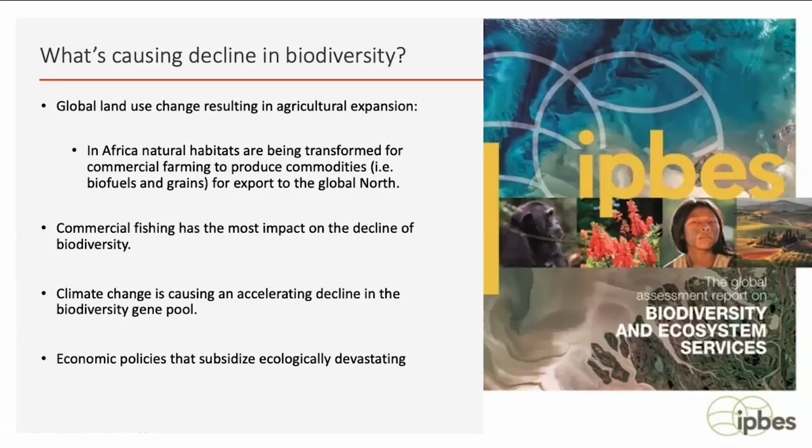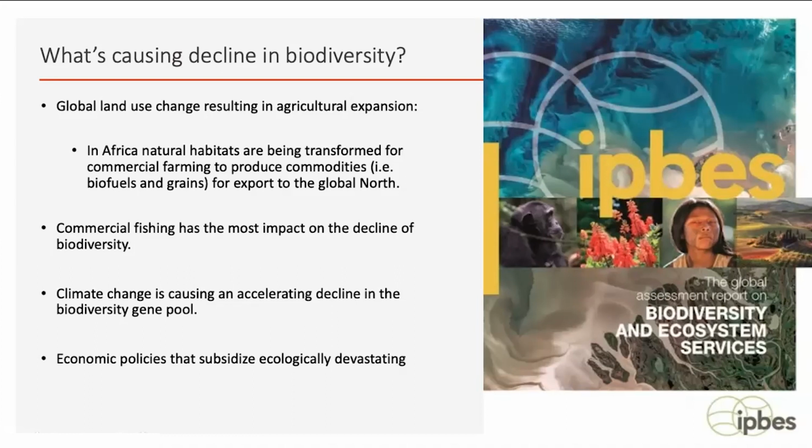But a look at the latest report of the Intergovernmental Panel on Biodiversity and Ecosystem Services, published in 2021, shows that global land use change resulting in agriculture expansion is actually one of the major causes of biodiversity decline.